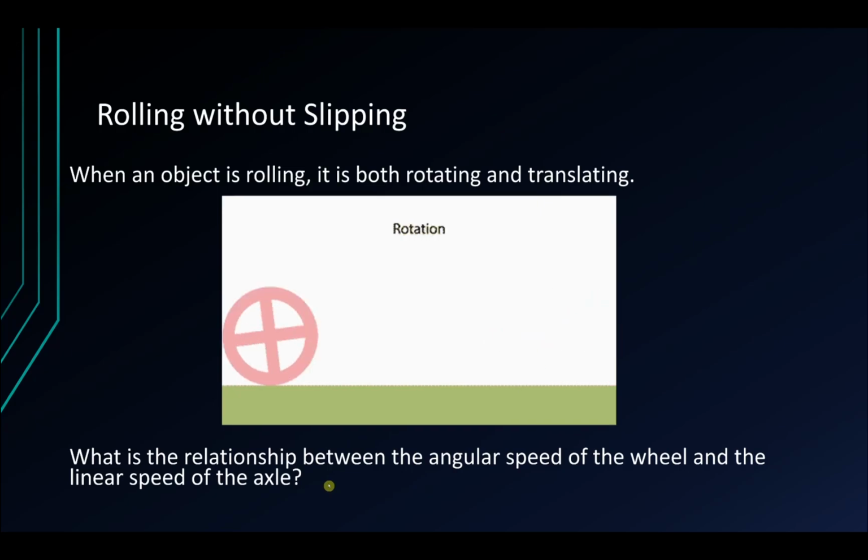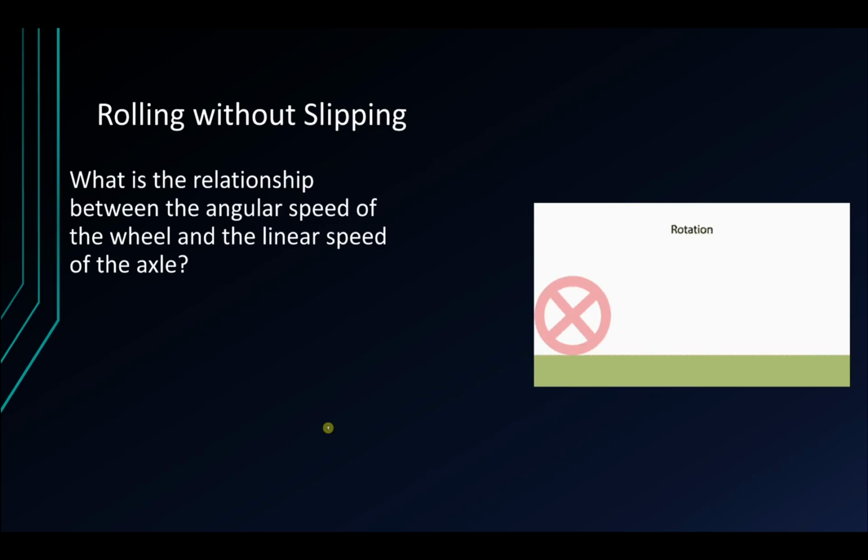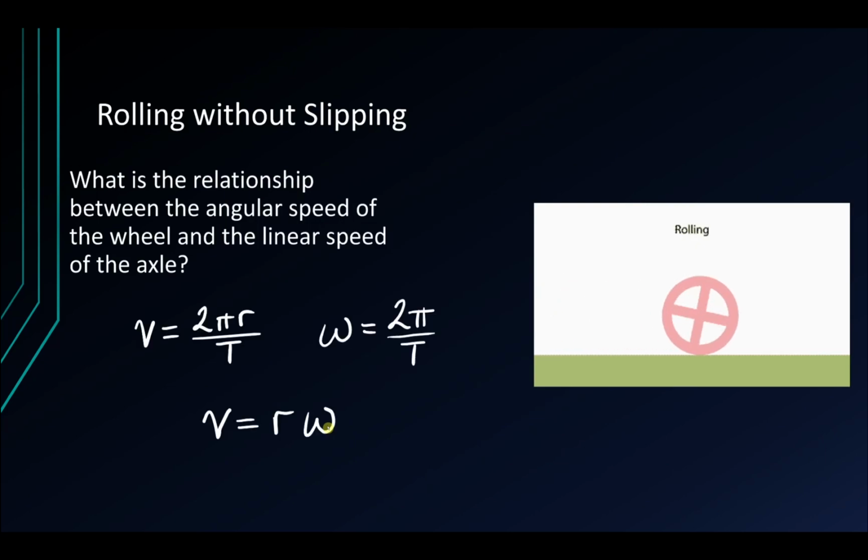And so the relationship between the angular speed of this wheel and the linear speed of that axle can be found through these relationships that we have been deriving. So what is the relationship? Well, it's just that the linear velocity is equal to the radius times the angular velocity.